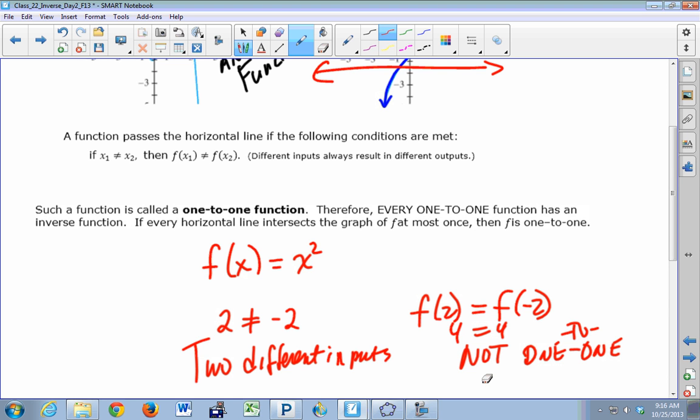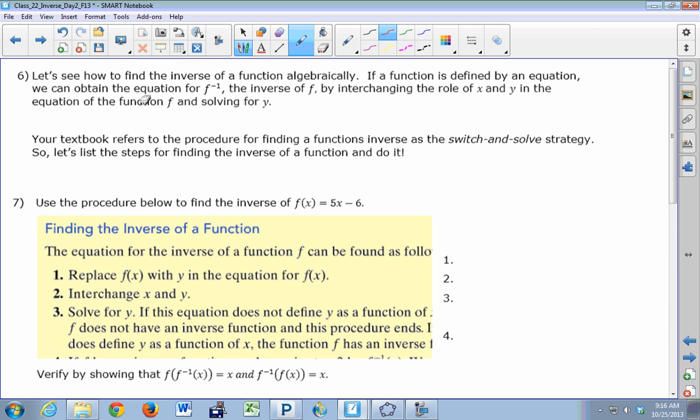So we now know when a function has an inverse. So let's say I give you a function and I say find its inverse. Well, the first thing you'll probably want to do is pull out your calculator or throw it into GeoGebra and look at its picture to make sure it has an inverse before you start doing all your work. So let's figure out mathematically, if we have the equation of a function, how we're going to actually come up with its inverse.